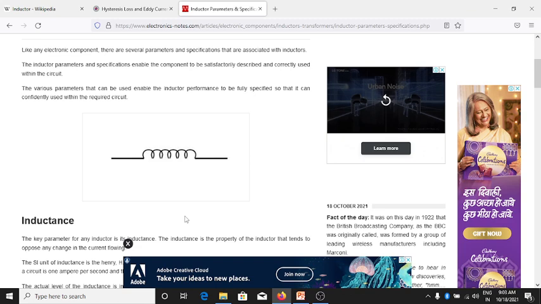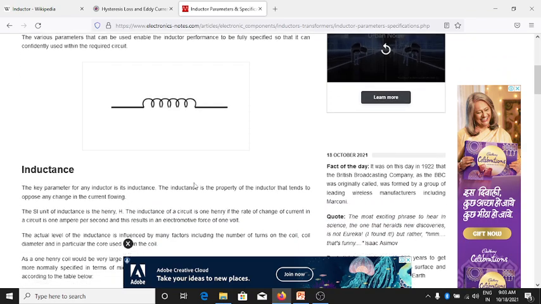The inductor parameters and specifications enable the component to be satisfactorily described and correctly used within the circuit. The various parameters enable the inductor performance to be fully specified so that it can be confidently used within the required circuit. This is the symbol for inductance.